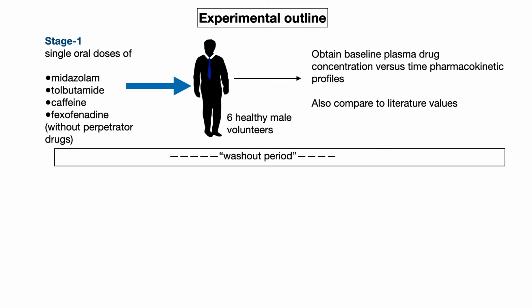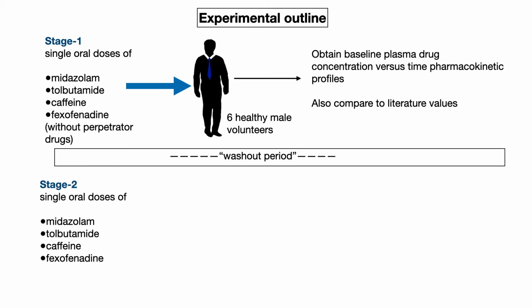Now, after stage 1, there was what's known in the jargon of these types of studies as a washout period. It's just a period of time which is long enough to allow those drugs to be eliminated from the body, to a point where you can't detect them any further. Once we got to that point, we went to stage 2, where we gave the single oral doses of those 4 drugs again, but this time they were co-administered with the perpetrators.